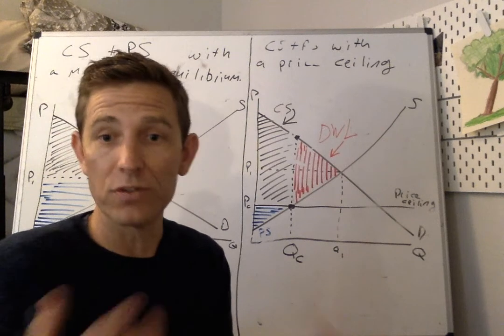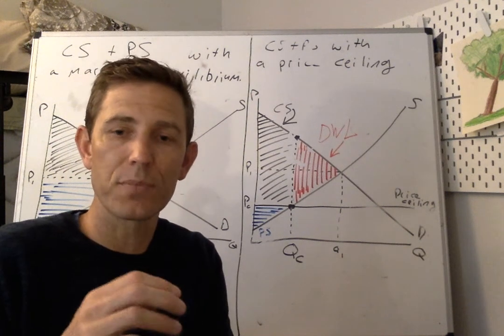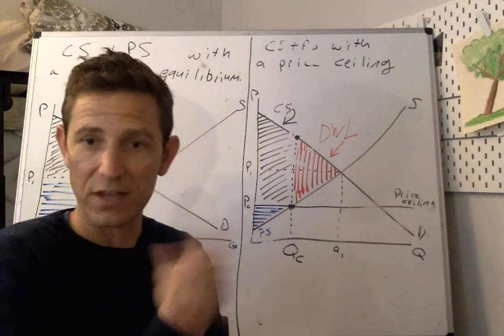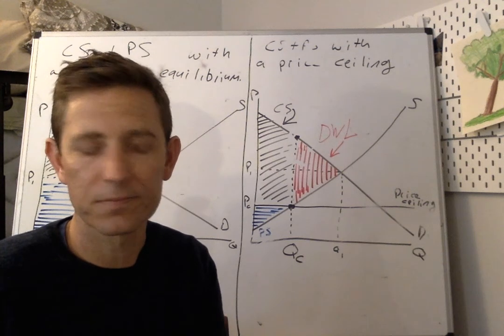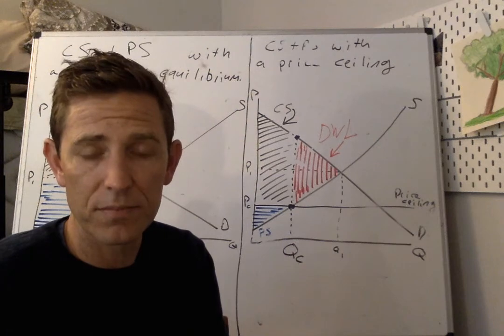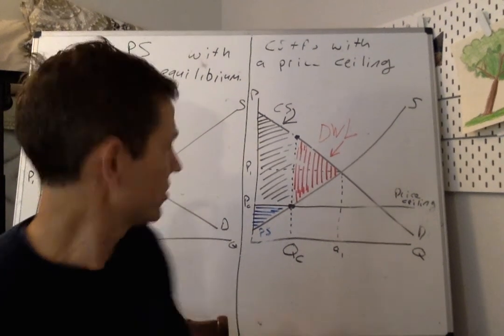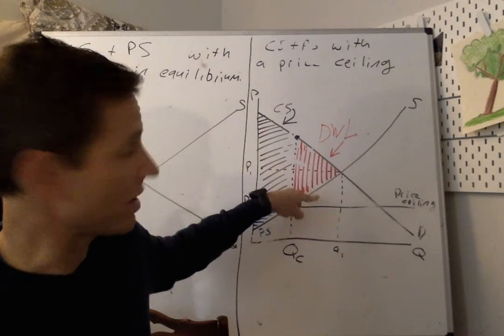Instead, what we're trying to do is to use our model to draw some conclusions about the impact of a price ceiling, a price floor, of externalities, other situations in which we'll have deadweight loss. Okay, guys. This one here is showing us this deadweight loss triangle associated with a price ceiling.